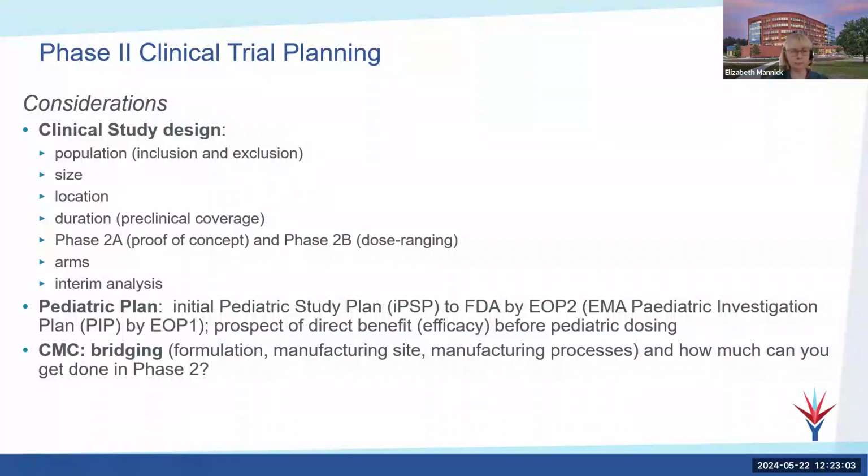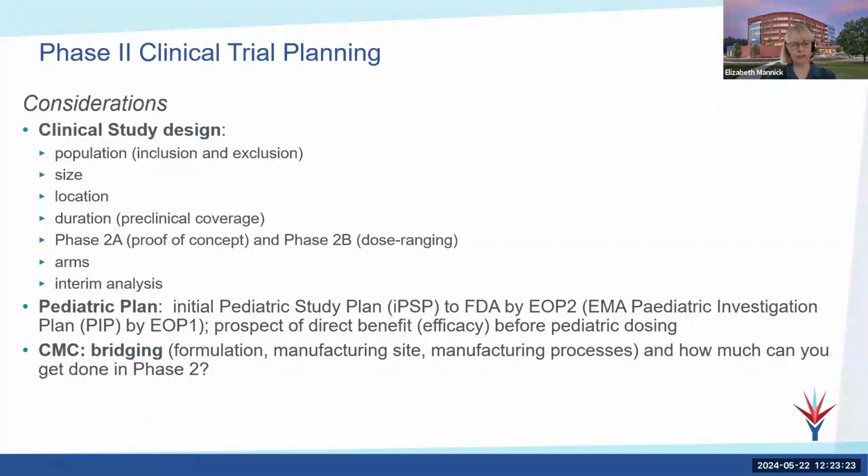And finally, you can have a phase 2A proof of concept study, usually at one higher dose, and then a phase 2B dose ranging study. But you can also run these together as a seamless phase 2A, phase 2B trial.